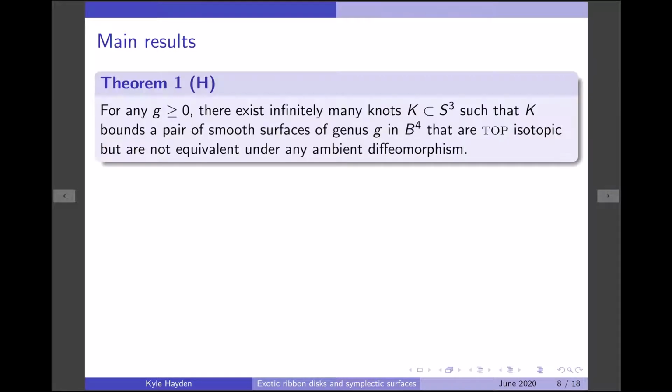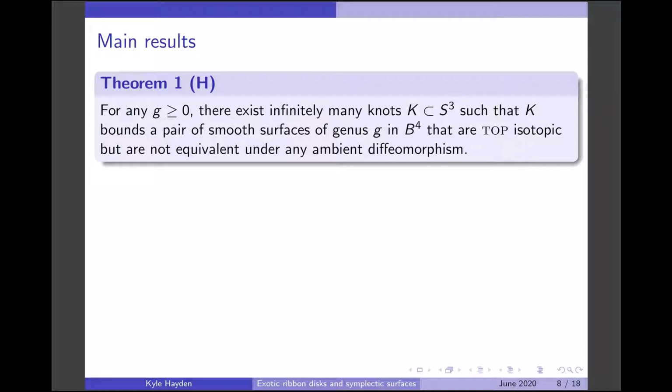Our statement is that for any genus greater than or equal to 0, there exist infinitely many knots K in the 3-sphere such that K bounds a pair of smooth surfaces of genus g in the 4-ball that are topologically isotopic, but are not equivalent under any ambient diffeomorphism. Now I want to plug some really nice work of Juhász, Miller, and Zemke, who recently constructed other exotic surfaces in the 4-ball using a fundamentally different approach, and I'll make some comments about those later.